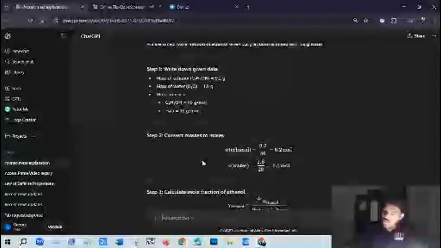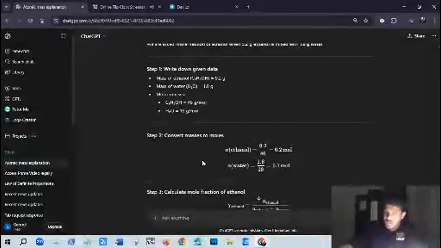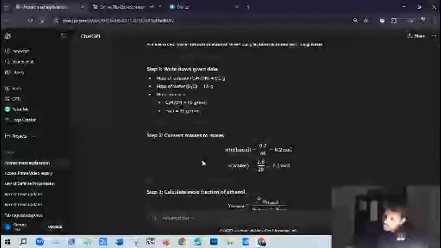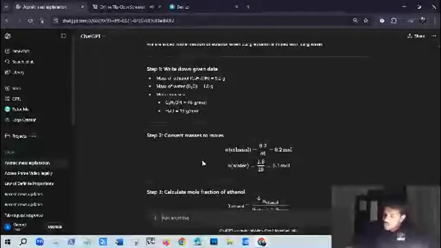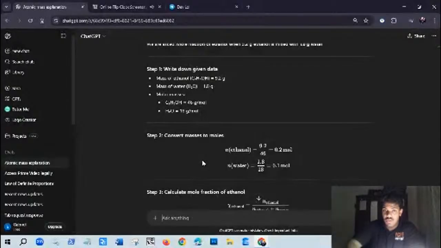Now convert mass to moles. How do you do that? n is equal to 9.2 by 46, which is 0.2 mole. For water, n is equal to 1.8 divided by 18, which is 0.1. Now we use the formula.